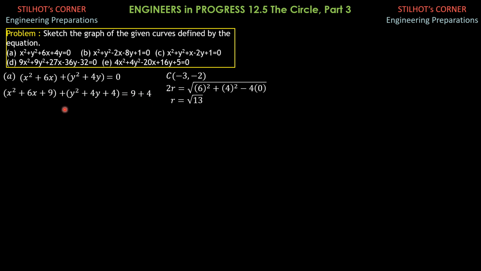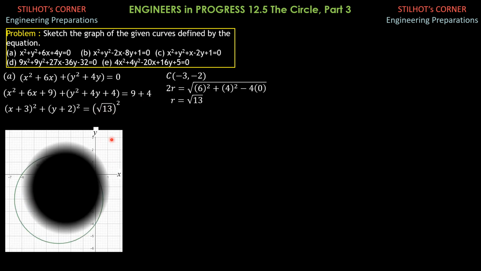So we have quantity x plus 3 squared plus quantity y plus 2 squared equals square root of 13 squared. So this is the standard form of the equation of a circle. Equate to 0, the center is at negative 3, and equate to 0, negative 2 for k. And this is radius squared, so the radius is square root of 13.